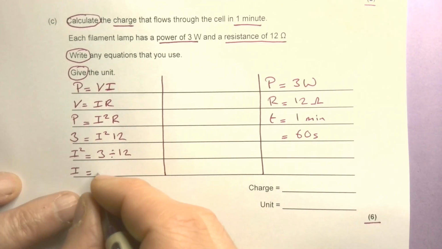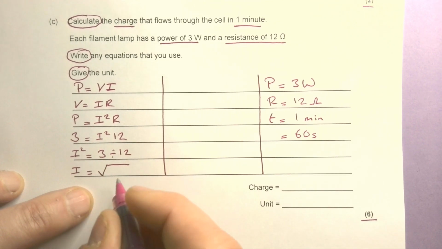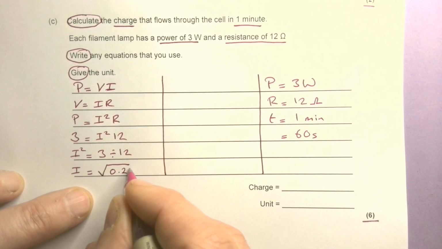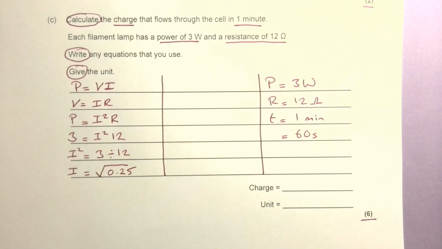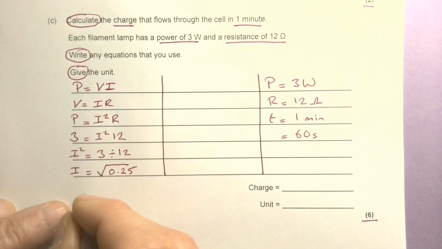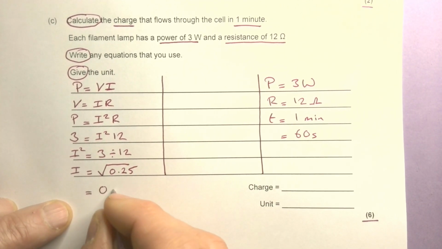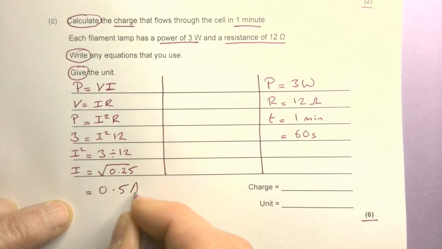So I is the square root of 0.25, which is 0.5, so the current is 0.5 amps.